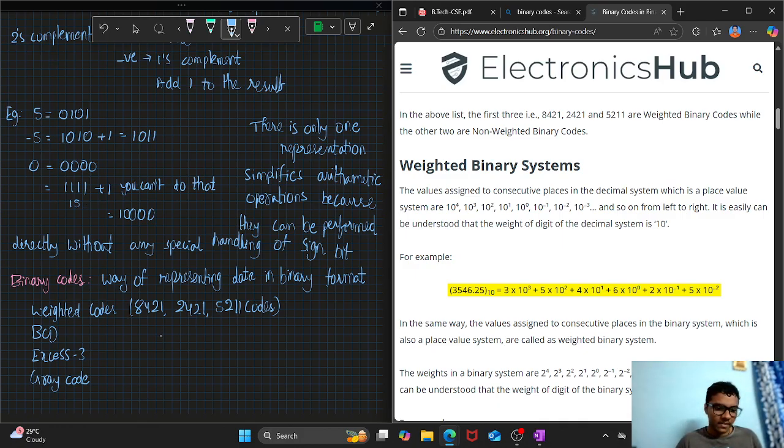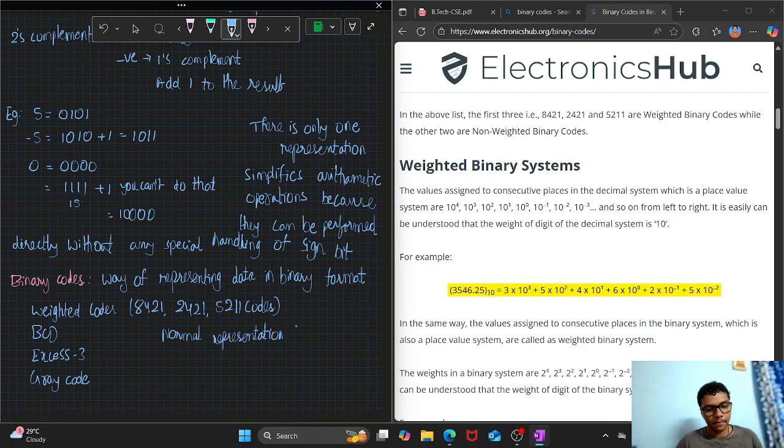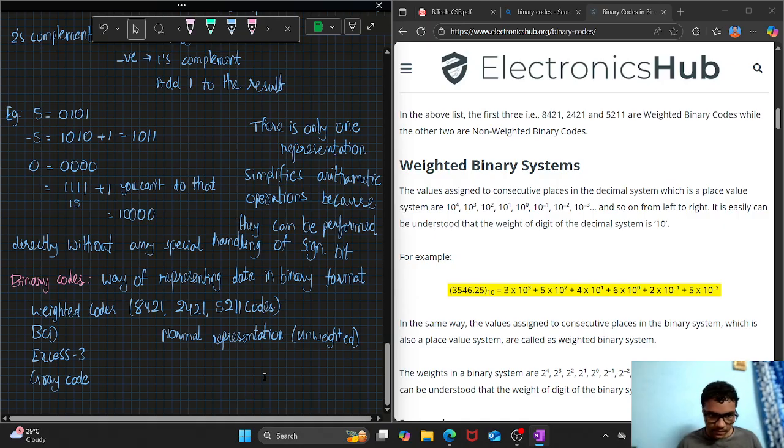And the normal representation as well. That is unweighted format. Let's explore each of these things.